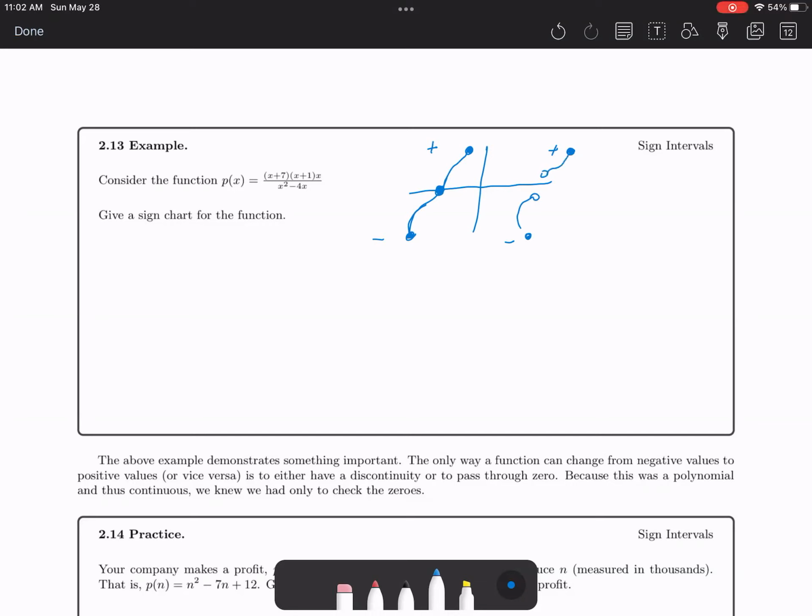It can jump, or it can have a removable discontinuity, right? But the only way for a function to change sign from negative to positive is to either pass through the x-axis or to jump over the x-axis and experience a discontinuity. So if we're constructing sign charts, the only place a function can change sign is at these points, zeros or discontinuities. So that's what we need to look for.